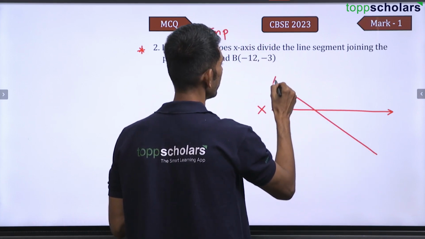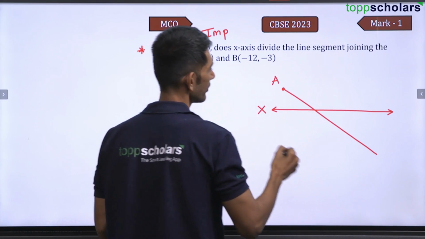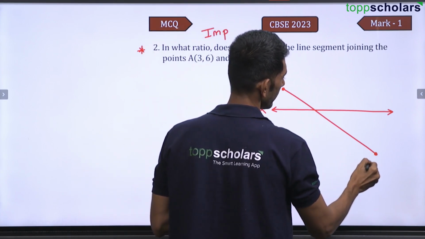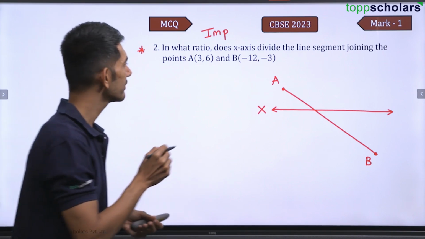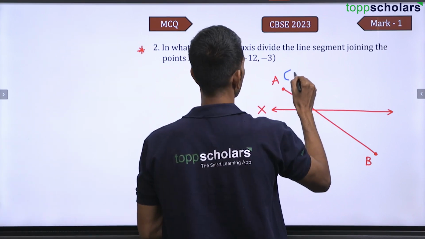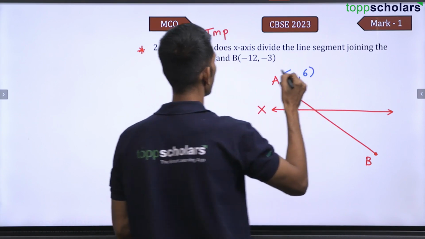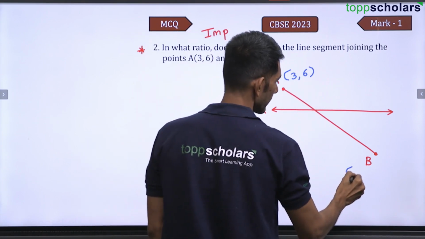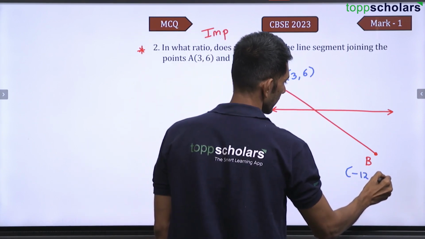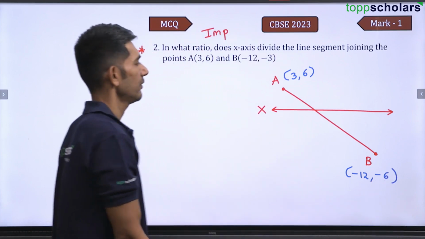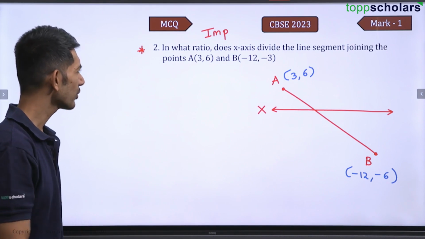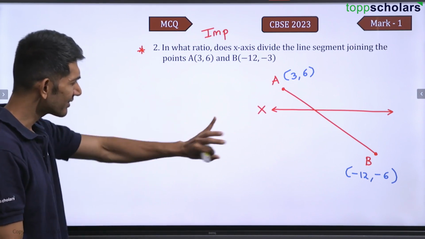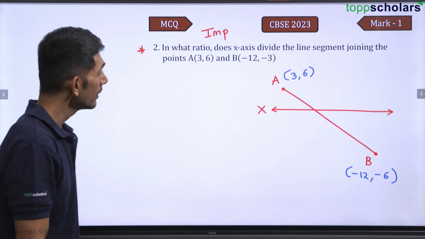There is a point here which is A (3, 6). There is one more point here which is B (minus 12, minus 3). This is A, this is B, right? It will go in the third quadrant. That's okay. Quadrant is not important here. This is just for your understanding.